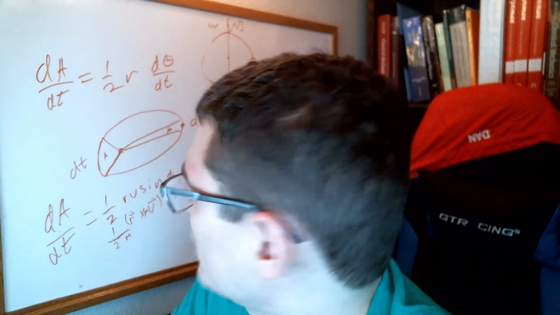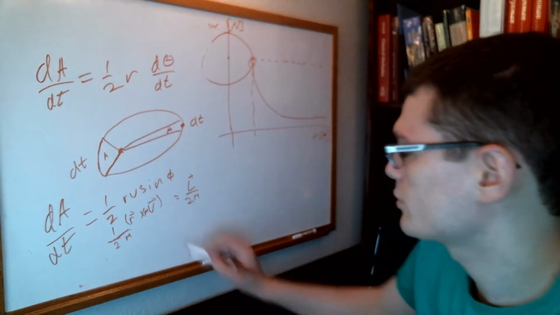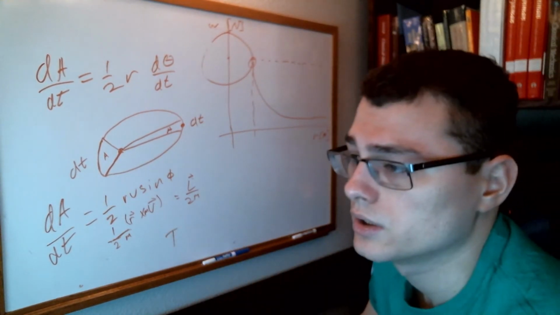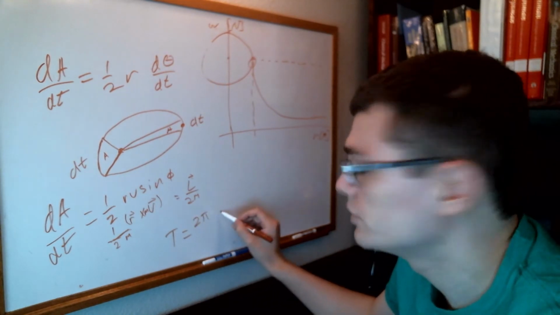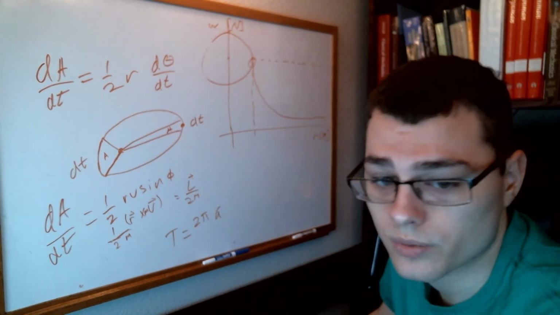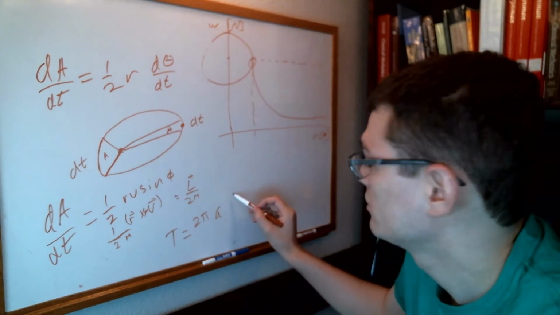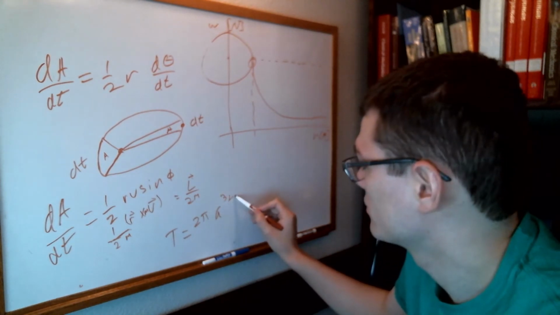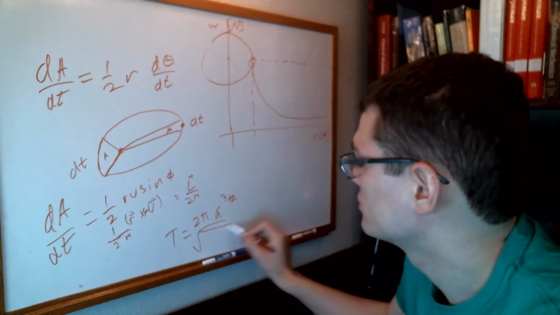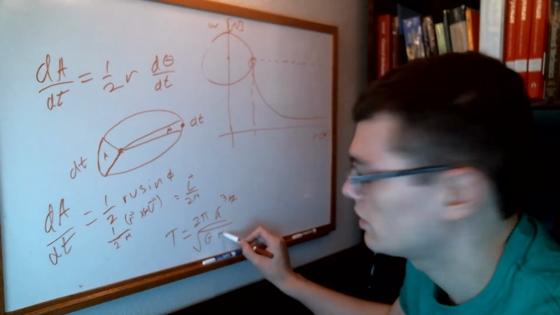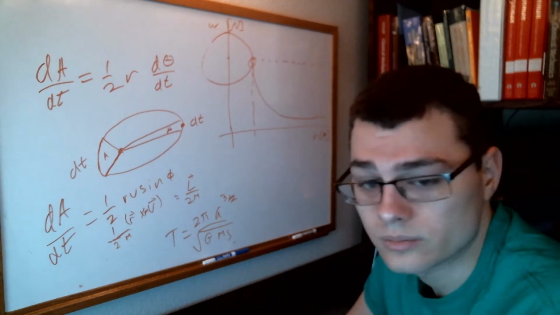We've already derived Kepler's third law, but here we just have to replace some of our quantities. Remember that this is going to be our period, equal to 2 pi, and then we replace r with the semi-major axis, or the major axis, to the 3/2, and this is going to be equal to G Ms instead of Me.